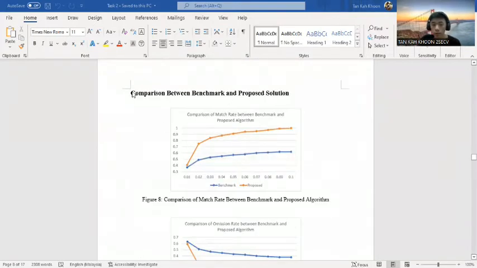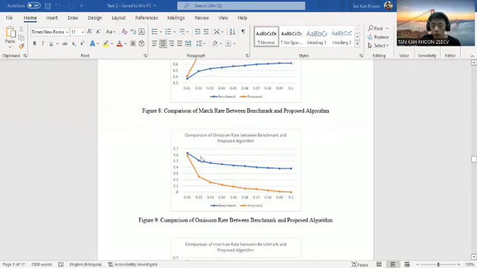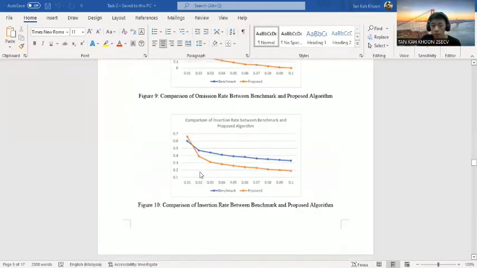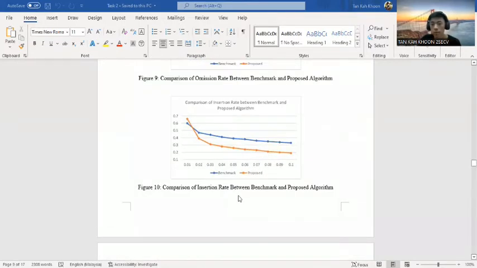Alright, so this will be the comparison of the benchmark and the proposed solution. The proposed solution will have a higher match rate compared to the benchmark solution, and it will also have a lower omission rate and insertion rate, which makes it a better algorithm to test the data.